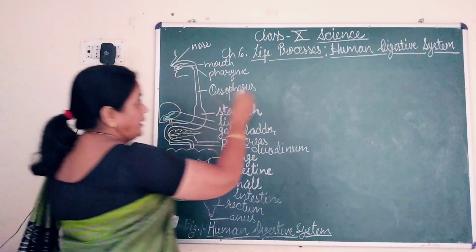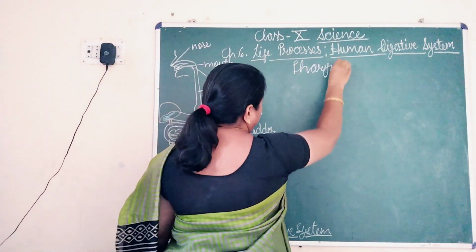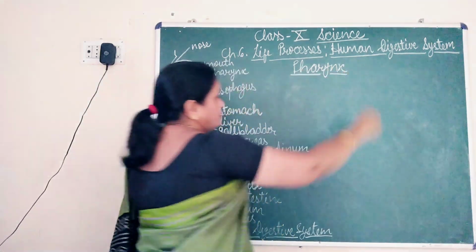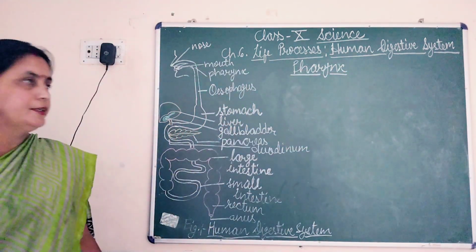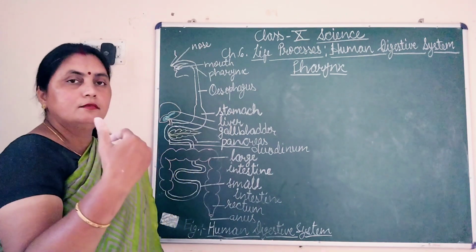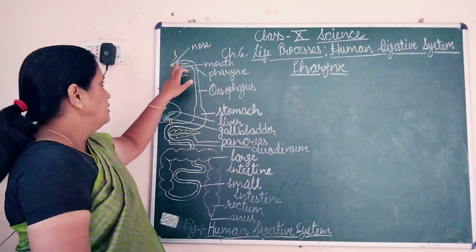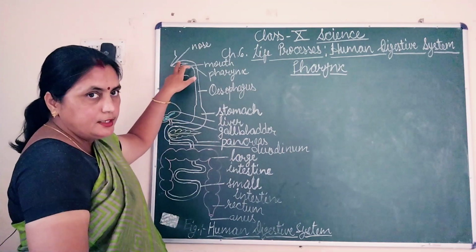Mouth opens into pharynx. Okay. And as I told you, I should not say mouth, I should say buccal cavity opens into pharynx. And I have already told you that the roof of the buccal cavity is known as palate. And above the palate there is the nasal passage.